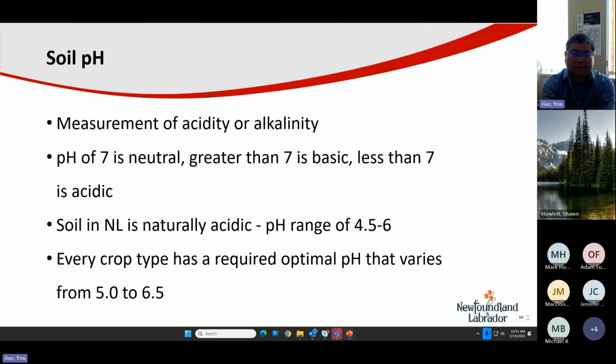Every crop type has a required optimal pH that varies from 5 to 6.5. For example, if you have a crop like cranberry, you're looking at a pH around 5. Potato is 5.5. Most of the other crops, like cabbage and carrot, the ideal pH is 6.5.